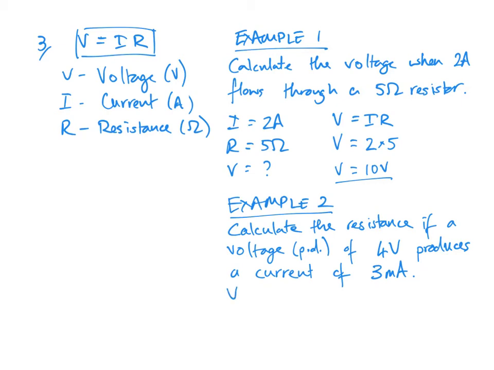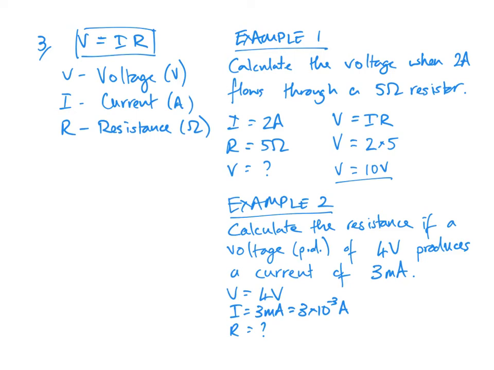Okay, so I'm given the voltage or potential difference is 4 volts. I've got that my I is 3 milliamps. And then straight away convert that prefix. So milli is 10 to the minus 3, remember? And the question is asking me resistance.